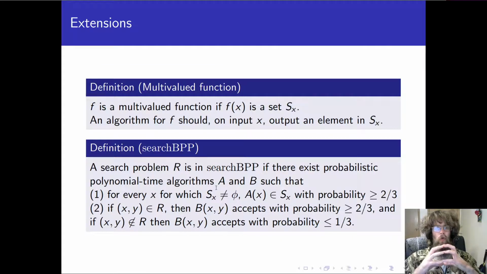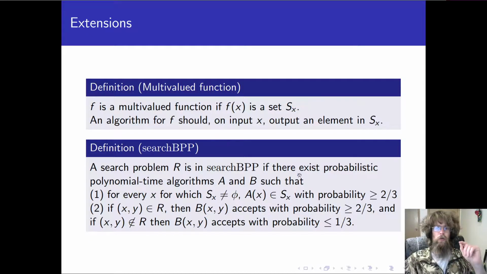So we want to consider this, push this beyond just approximation algorithms. So we're going to talk about multi-valued functions. That's just a very general concept where f of x is an arbitrary set. And about search BPP.